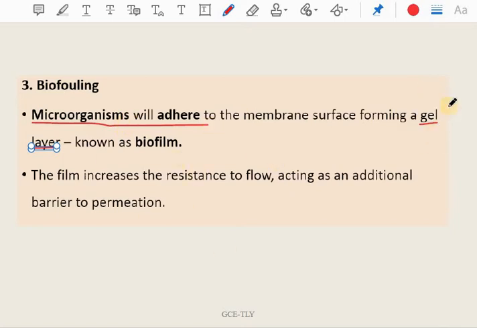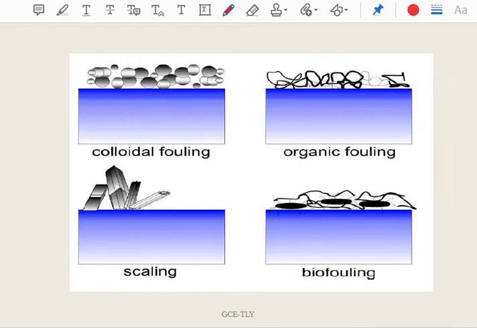The same way a sticky slime gel layer is formed, which is known as biofilm, over the membrane. So this biofilm offers resistance to the flow and thereby decreases the efficiency of the membrane. To prevent this biofouling, we can add some disinfectants to the water that are sufficient to remove it. Here you can see the pictorial representation of each fouling method.